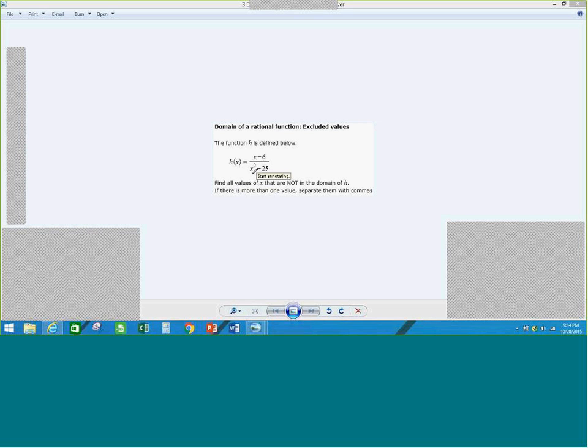Anytime you're asked to find the domain of a rational expression, what you're really looking for is the values that are not in the domain of the function. The word domain is simply discussing the values of x that we could use, real numbers for answers.